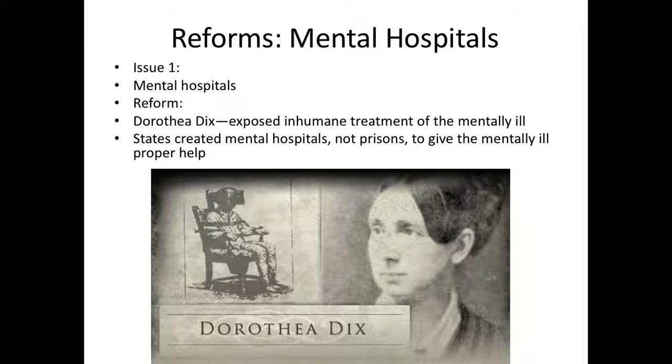And she's going to go before state legislatures, read her reports, and motivate them to create mental hospitals separate from prisons to give the mentally ill the medical help they needed. And so she will do a lot, not through voting, but through motivating people that could vote and motivating legislatures. She's going to do a lot to help out the treatment of the mentally ill.